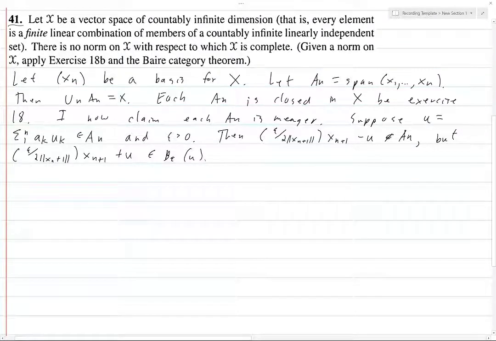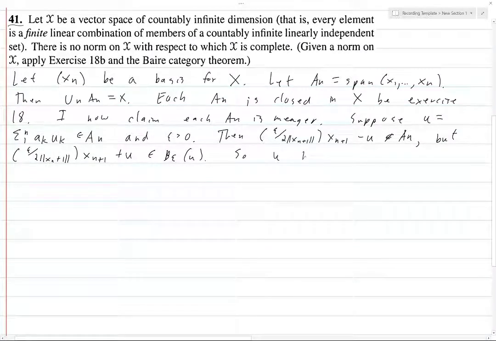I'm not going to write that out, but you basically take the norm of this, and the distance between this and u is less than or equal to the norm of this thing. This is equal to epsilon over 2, which is less than epsilon. Why do we need the 2 here? I don't know. Whatever. Epsilon over 2 is less than epsilon, so that's fine.